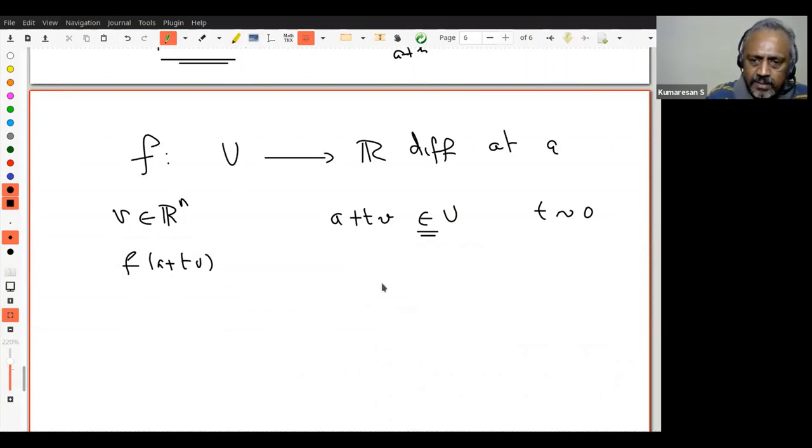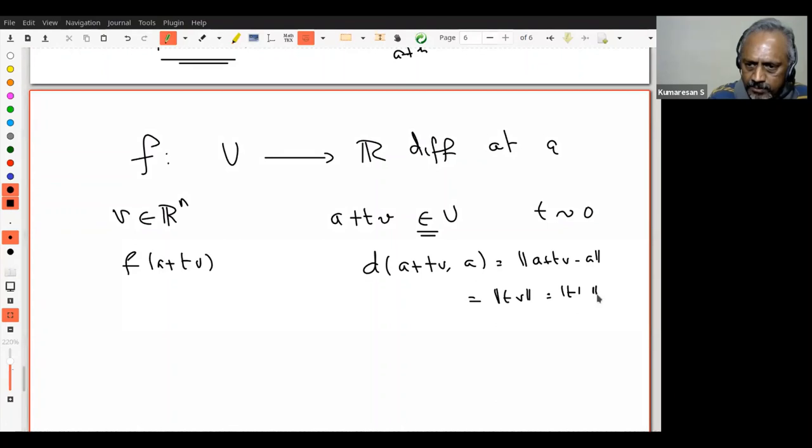Why? Let us look at the distance of A plus TV from A, as I just did. This is the length of A plus TV minus A, that is the length of TV, which is mod T times the norm of V. I am not assuming T is positive.